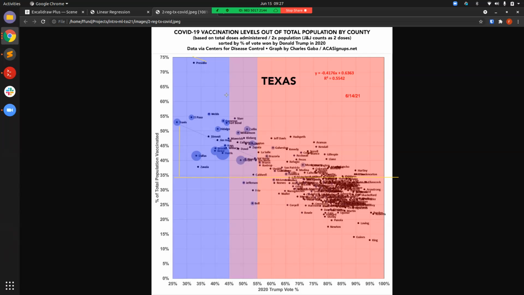Well, honestly, it's a very small county with about 8,000 people living in it. So if you have even one or two people who are big vaccine evangelists and encourage everybody they know to get vaccinated, maybe there's a guy named Jim who lives there, who tells everybody he knows to get vaccinated and who's very convincing, and all of his friends are getting vaccinated. And so he's driven the vaccination level for Presidio County up.